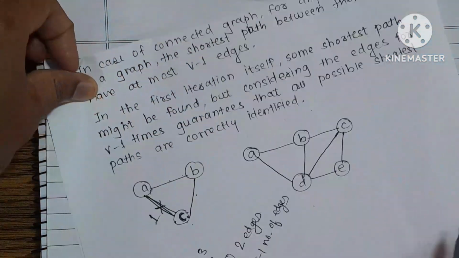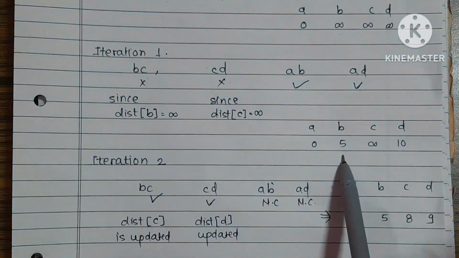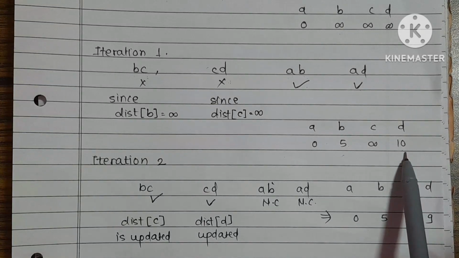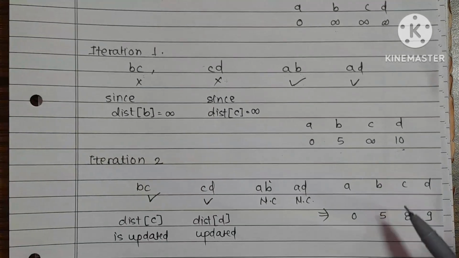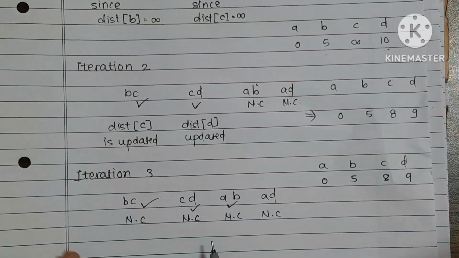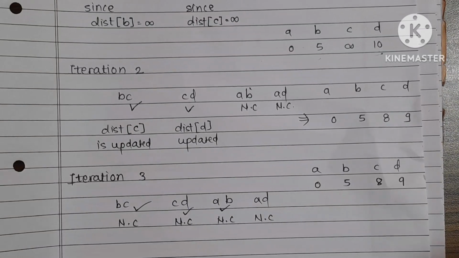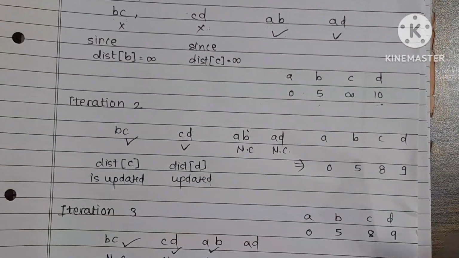Here in the first iteration, we have obtained the shortest distance of B, but we have not yet reached the shortest distance of D. So the order of edges matters, and as there is no specific order in which these edges are selected and processed, we have to repeat this procedure V minus 1 times, so that we get the assurance that all the paths have been checked and confirmed, and accordingly we reach the shortest distance of all nodes from the source node.